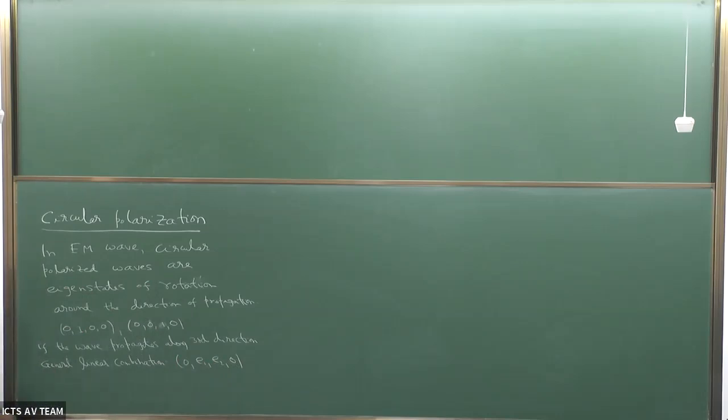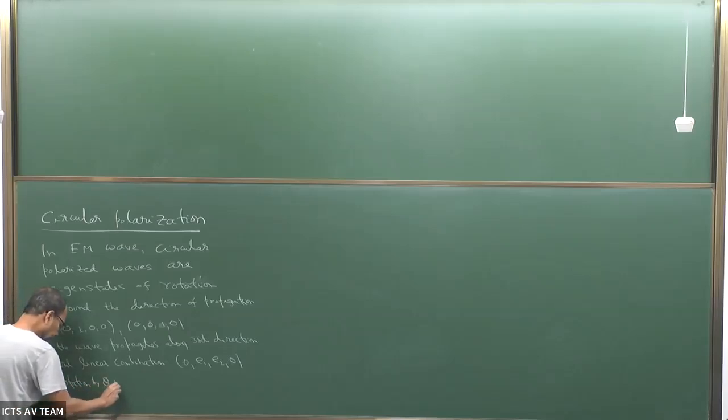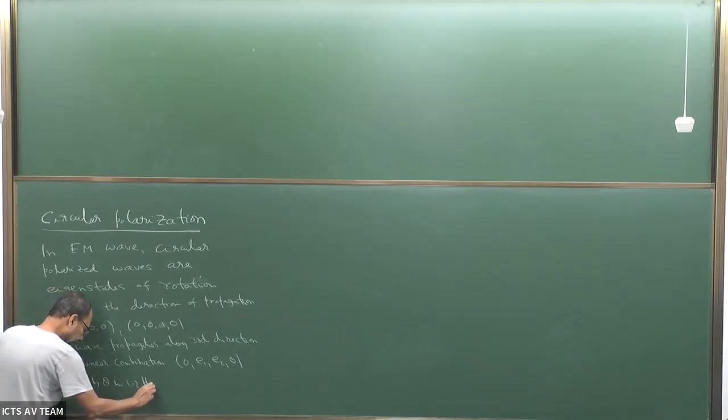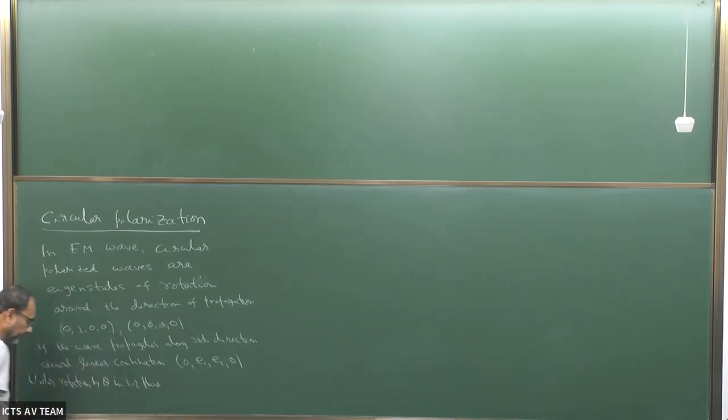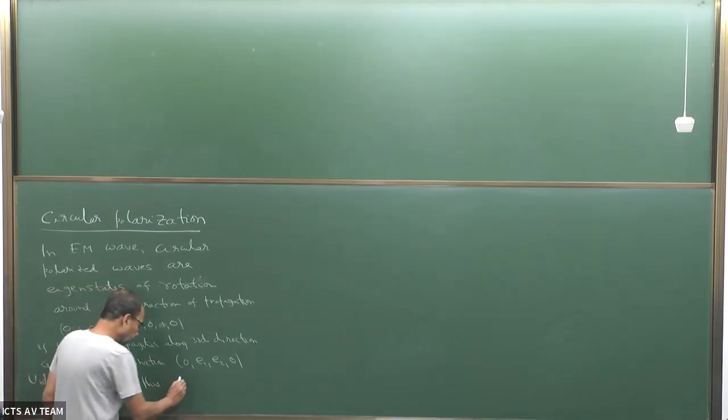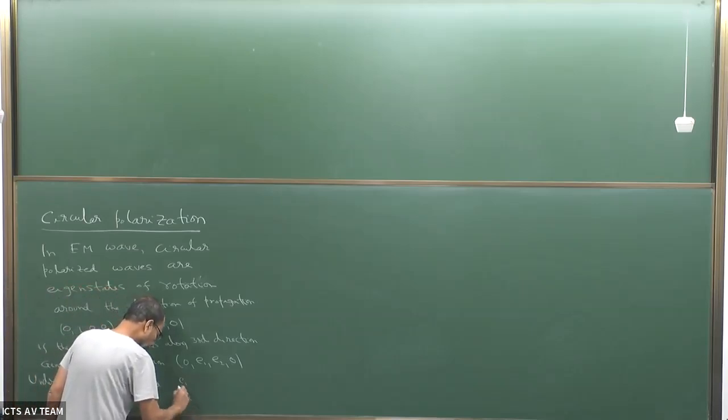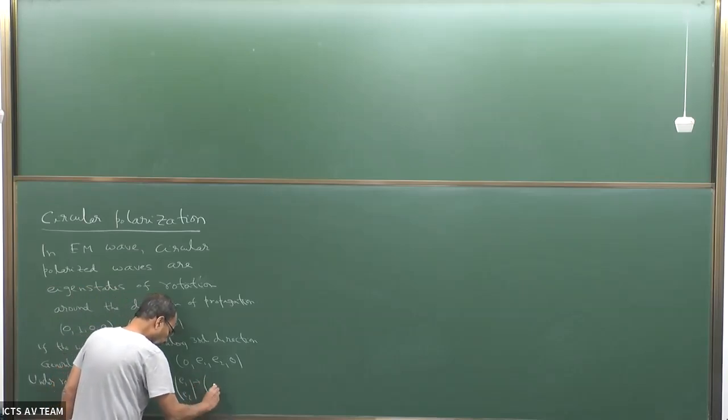So under rotation by theta in the 1-2 plane, which is the same as rotation along the third axis, we have U1, U2 going to a rotated vector.